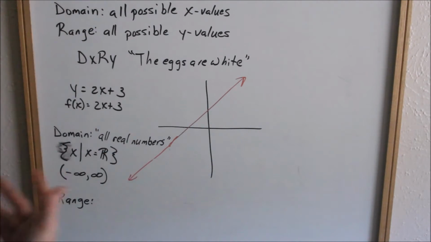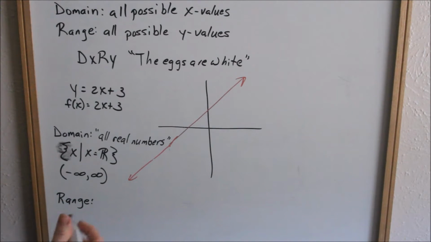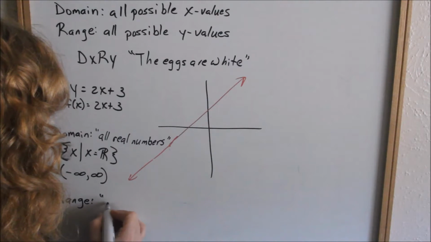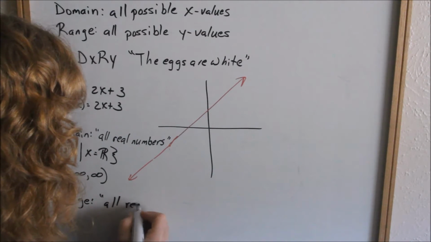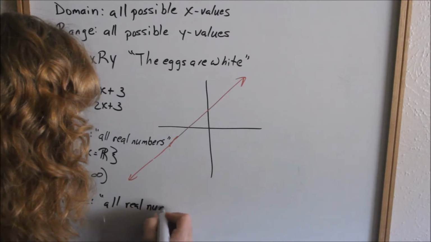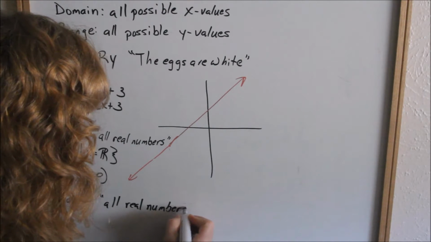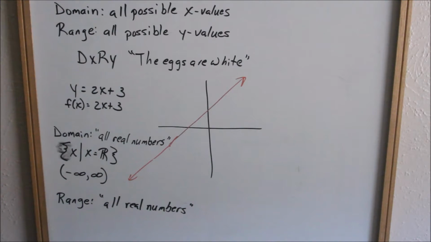So on a line that's not vertical or horizontal, your range will be all real numbers, meaning my y values are not limited. They can be any number. So my range here would be all real numbers, meaning any y value can hold true for these lines.